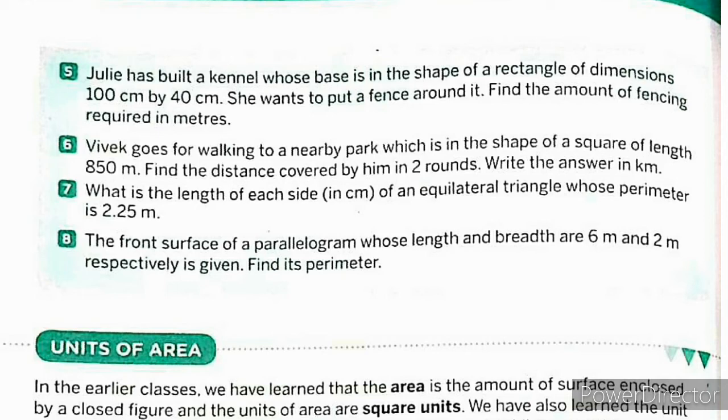Here is a boy, Vivek, who is going for a walk to a nearby park which is in the shape of a square, and it has length, meaning one side, of 850 meters. Then we have to find the distance covered by him if he has taken 2 rounds, and we have to answer it in kilometers. So let's go to the whiteboard.